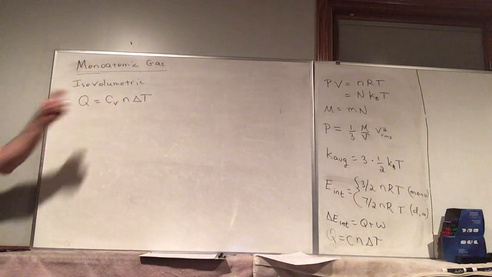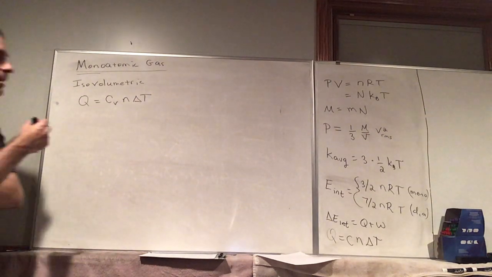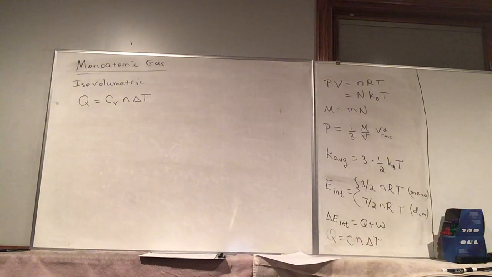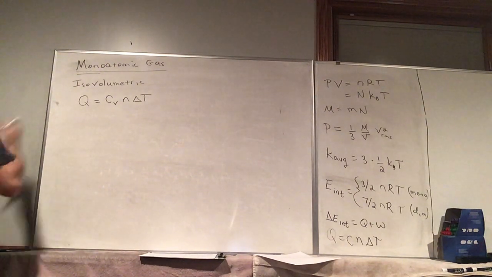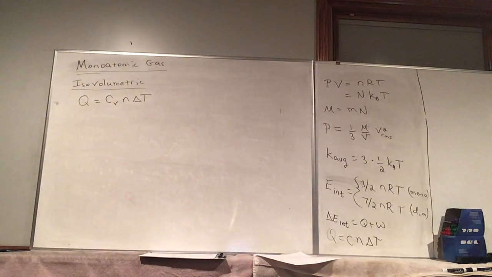So we say this is C_V. That means a specific heat for a process that is being carried out at a constant volume. So Q equals C_V n delta T. All right, so this is for an isovolumetric process. That's when we use that one.